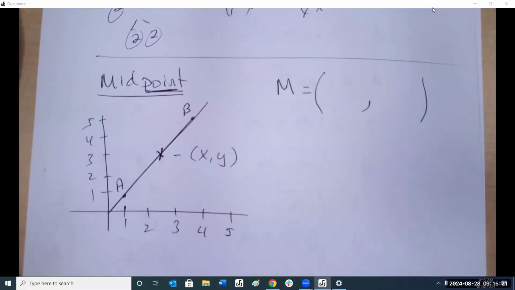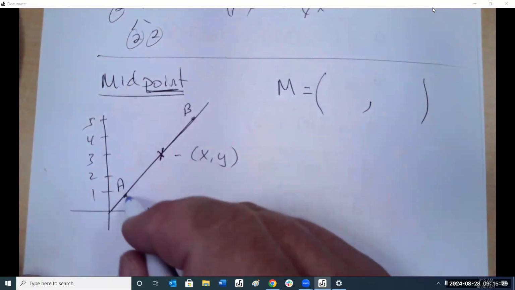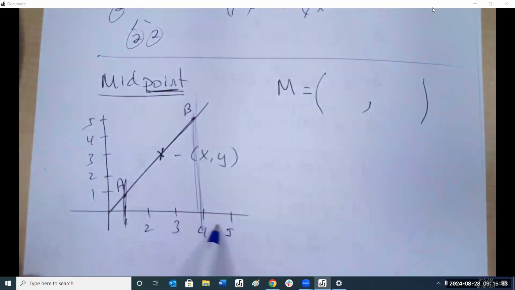So far, so good. Let's look at it two different ways. Let's look at the X components and the Y components. From 1 to 4, what number is halfway between 1 and 4? Another way to think about this: let's say you had 2 exam grades. What's your average? How would you find the average?